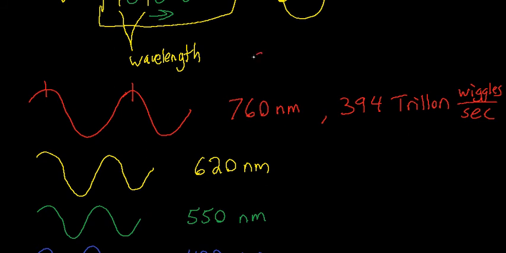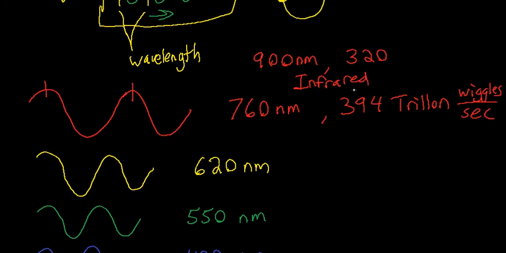Subsequently, if we had light all the way up at, say, 900 nanometers, which oscillates at a slower rate, this is probably something like 320 trillion wiggles per second, something like that. This is below the frequency of red, which means it's infrared.